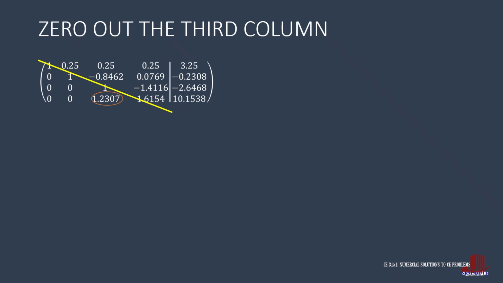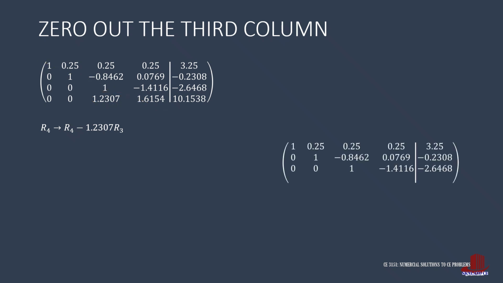Eliminate this using row 3 with the operation of R4 less 1.2307 R3. Starting with the first element, having 0 minus 1.2307 of 0, which also gives 0. This is the same with the second element.